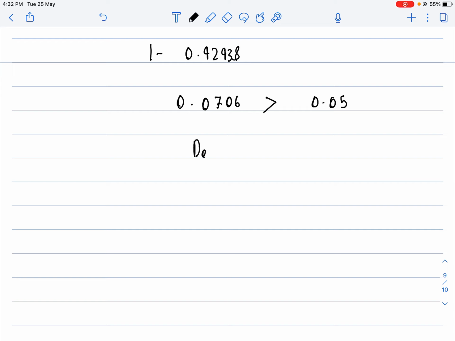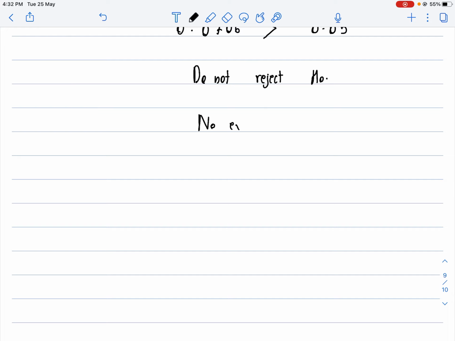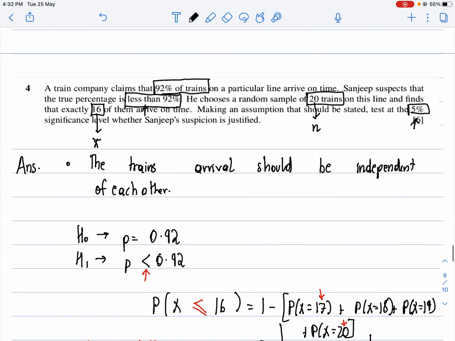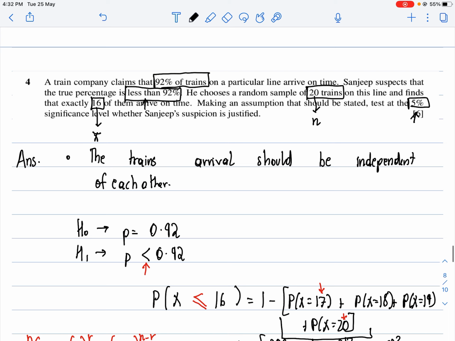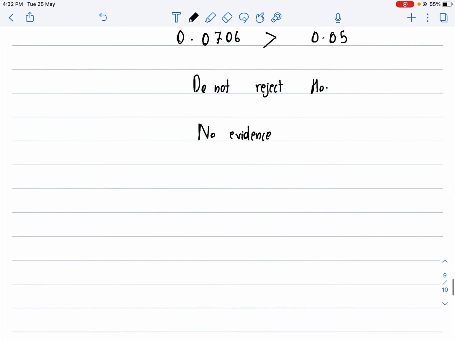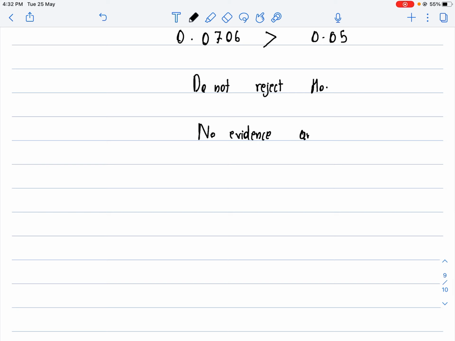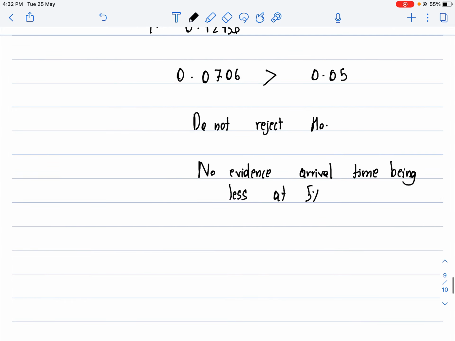That means do not reject your null hypothesis, and you can simply say no evidence of the arrival time being less at 5% significance level. Basically, you reject Sanjeev's claim and you accept the original claim.